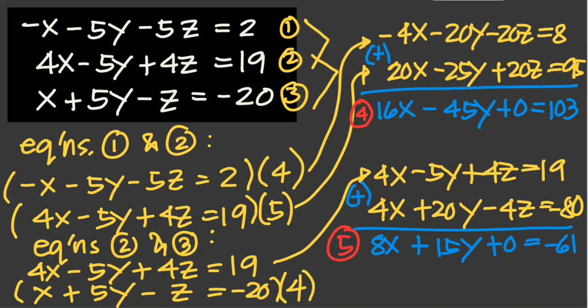And now we can solve the new system. We can pair equations 4 and 5 to solve for x and y first.